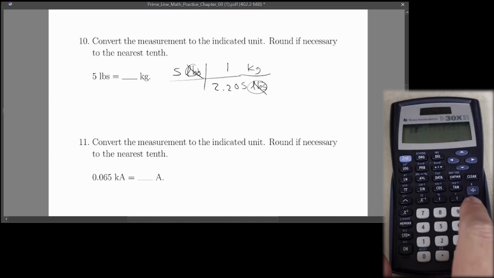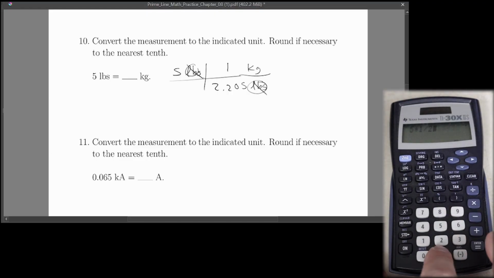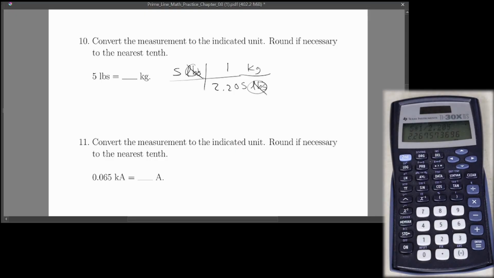We can take 5 times 1 divided by 2.205, and we get 2.267 and more. We're going to round to the nearest tenth, so we get 2.3 for our kilograms.